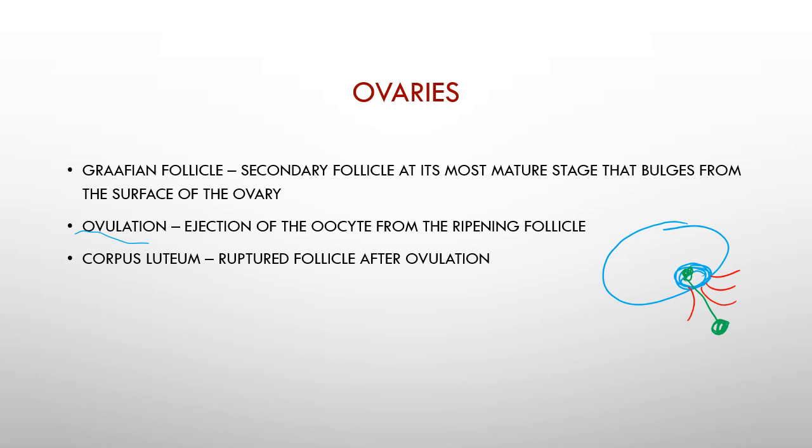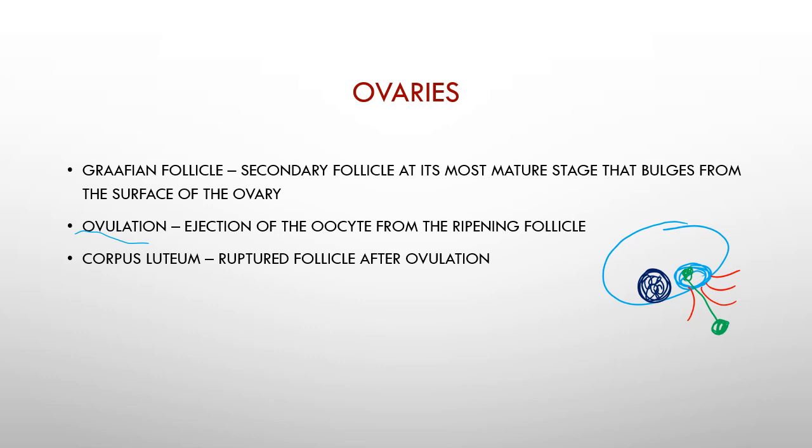It bursts out the oocyte that can then head down through the uterine tubes towards the uterus itself. That Graafian follicle is now going to essentially close up, and it's going to become a corpus luteum. The cells themselves are going to fill in, and we now have a corpus luteum. That corpus luteum is going to stay there if pregnancy occurs, for the first trimester.